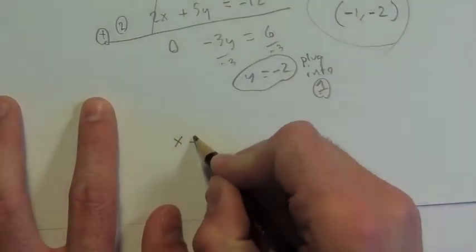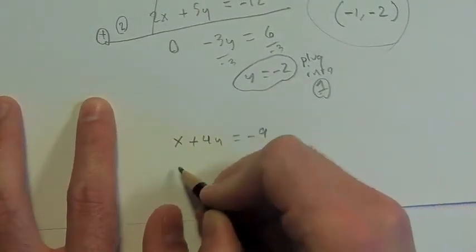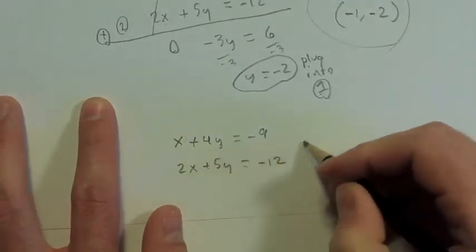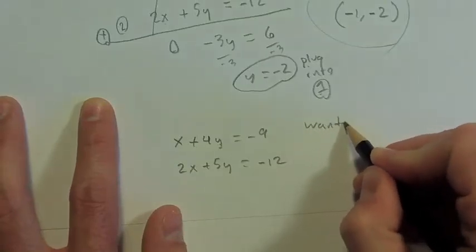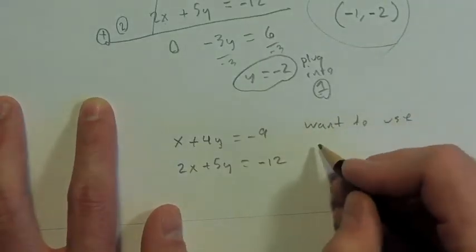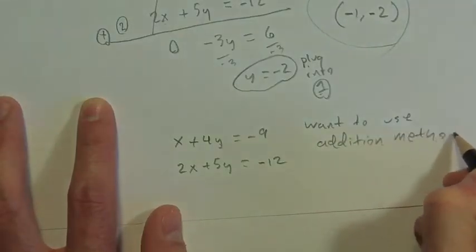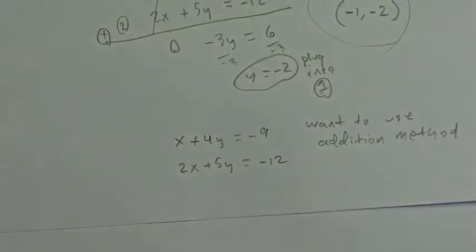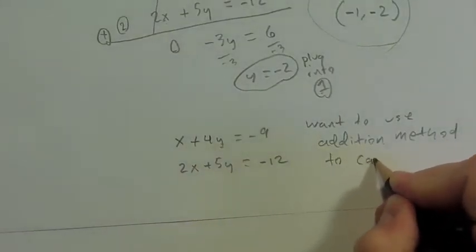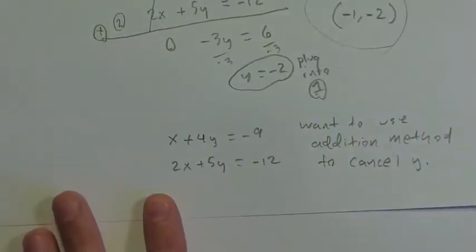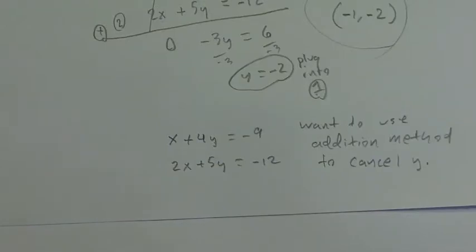Say you had x plus 4y is equal to negative 9, you had 2x plus 5y is equal to negative 12, and you wanted to use the addition method to cancel y. Okay, well, there are a few ways we can do this. We see we have a 4y and a 5y.